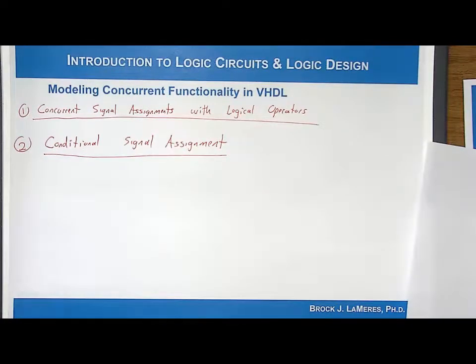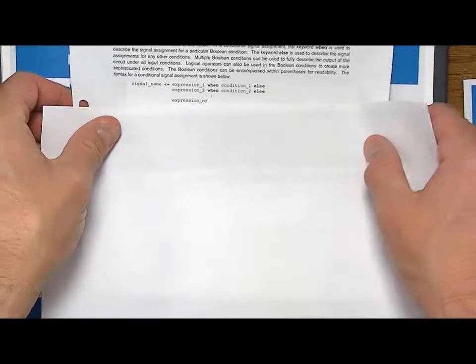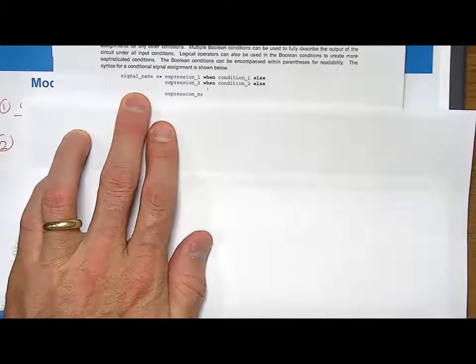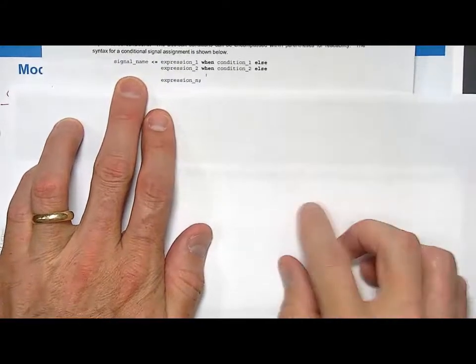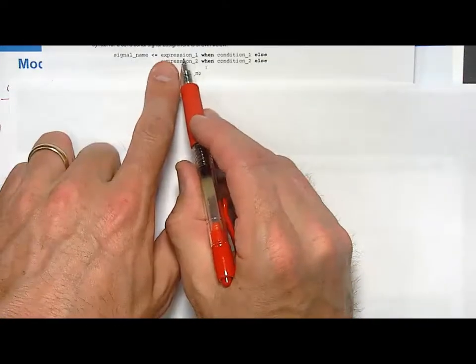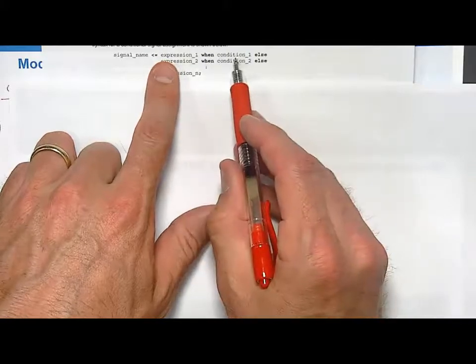Okay, so the way that you do this is you're going to use these keywords as follows. So what you're going to do is you're going to do a signal assignment. So you're going to say whatever the signal name you're assigning to, and it's going to get some value, and you're going to use a keyword when, and you give it a Boolean condition.